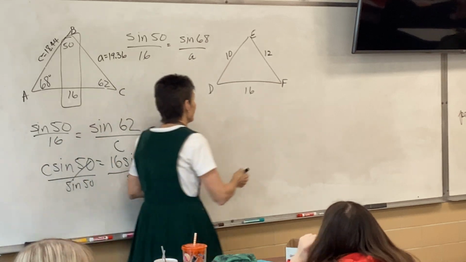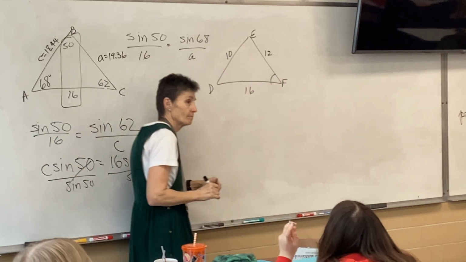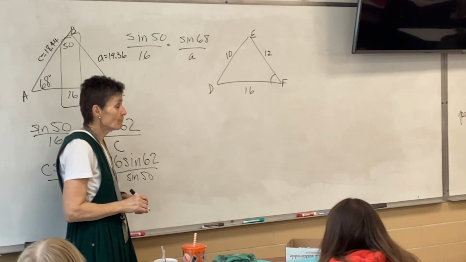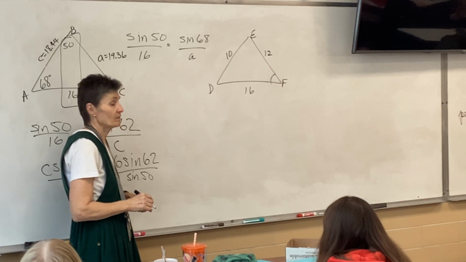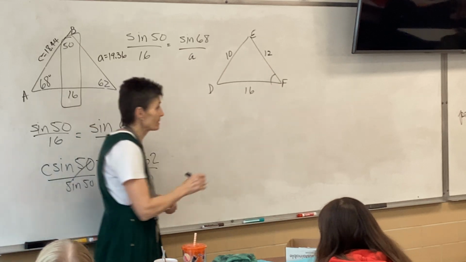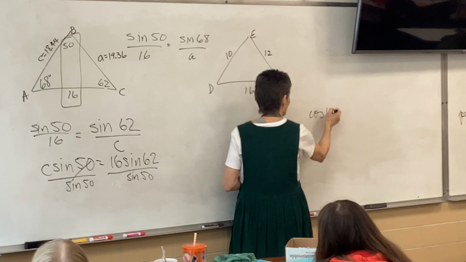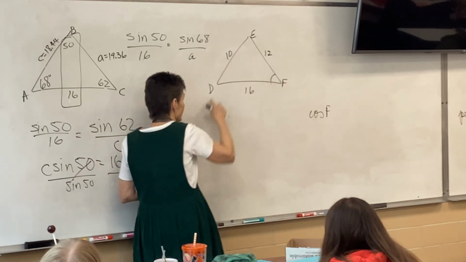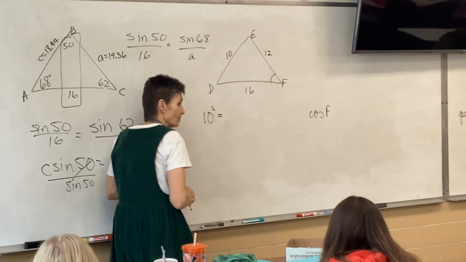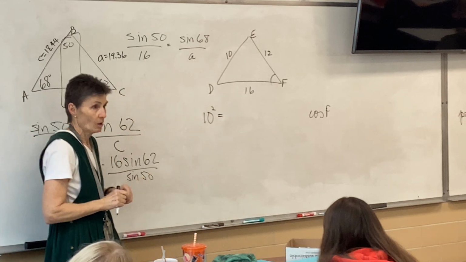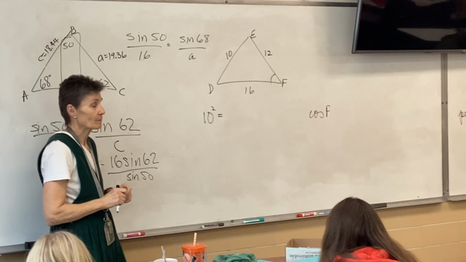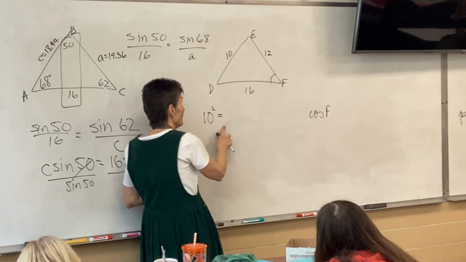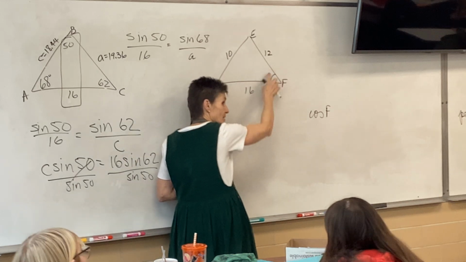F. We'll find F. Now, if we're finding F with the law of cosines, out here it's going to say cosine F, and over here it's going to say 10 squared. That's the way the law of cosines works. Then everything in this big empty space is going to be a combination of these two things.